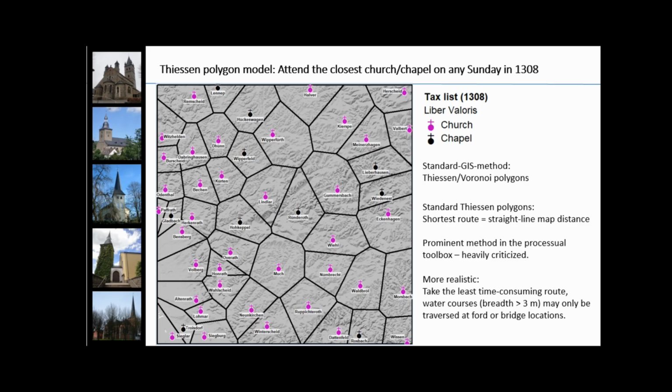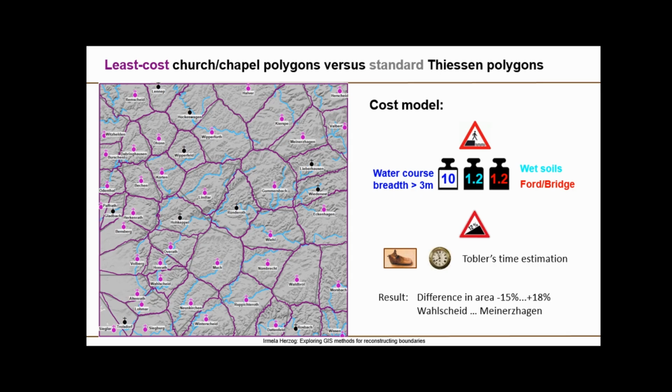So you can refine this method, of course, and take the least time-consuming route. What normally is done with least cost analysis is you take slope and maybe the rivers or other water courses into account, and that's what I did as well.